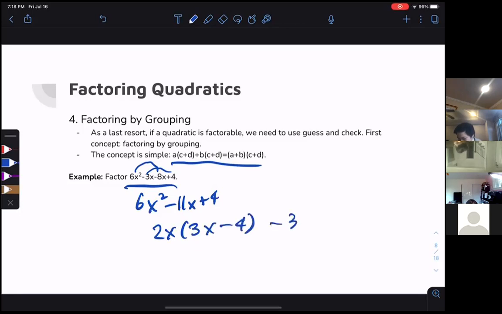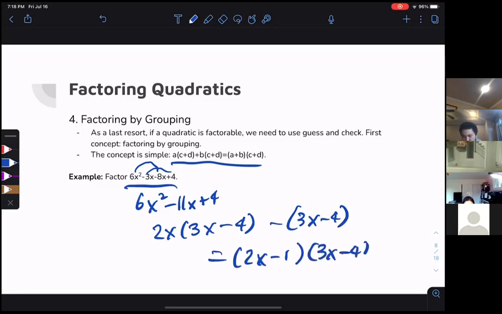Then it's minus 3x plus 4, which is just minus parentheses 3x minus 4. The factorization is just 2x minus 1 times 3x minus 4. Be careful, do not make sign errors, do not accidentally swap the 4 and the 1 or something. It's 2x minus 1 times 3x minus 4.